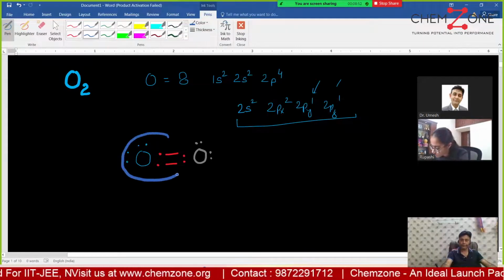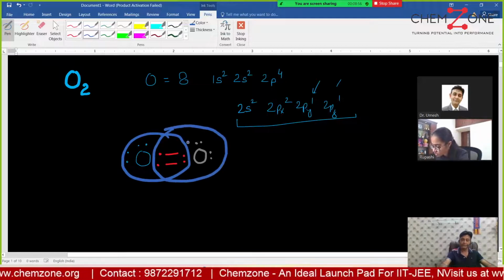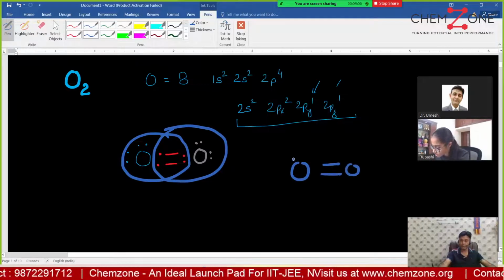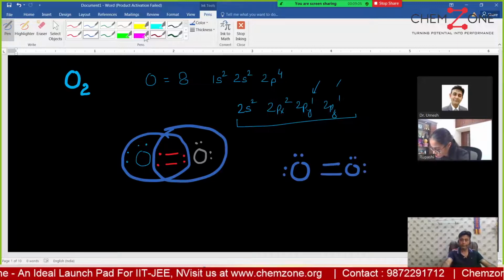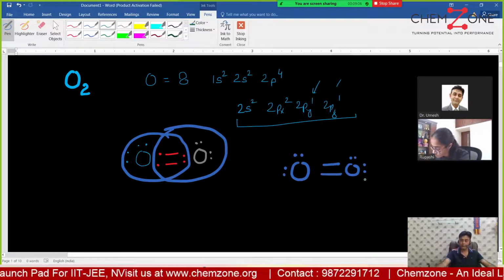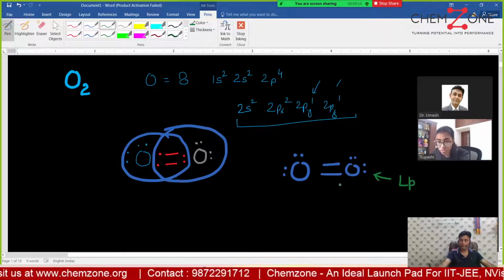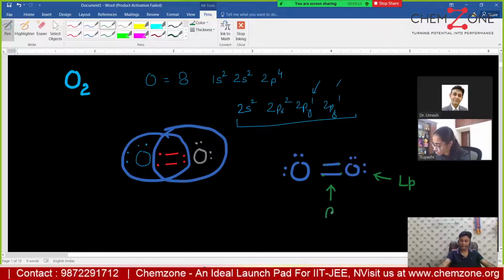The octet of both elements was not complete, but by sharing electrons, O double bond O is formed. This is called a lone pair of electrons, and these are called a bond pair of electrons.